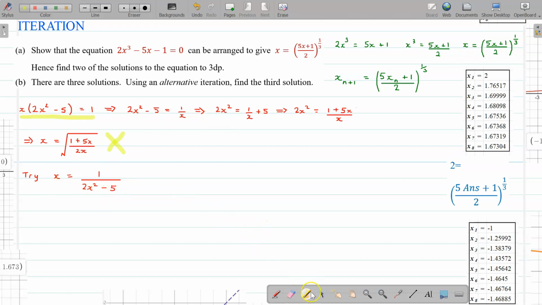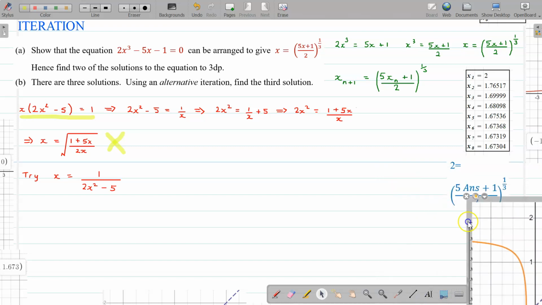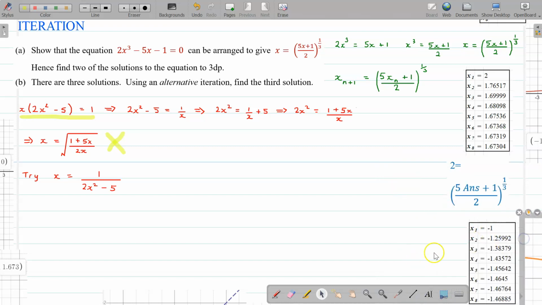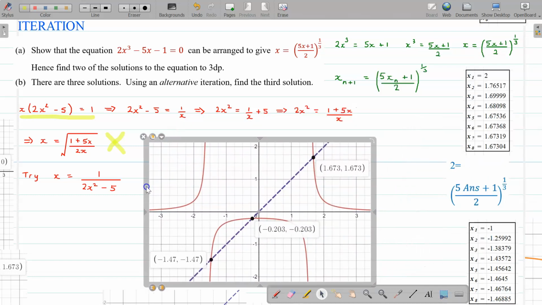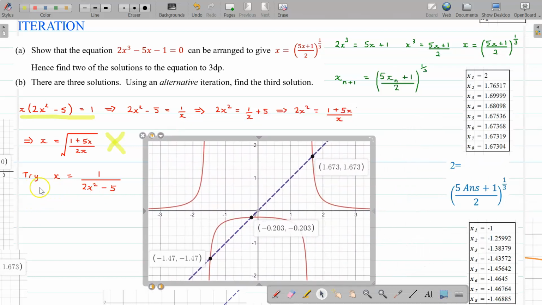And this is where it gets quite interesting, because this time, let me show you the graph for that one. That's the one that didn't work. This one here is the graph for this iteration that I've just created. It looks very different. It's a completely different function.